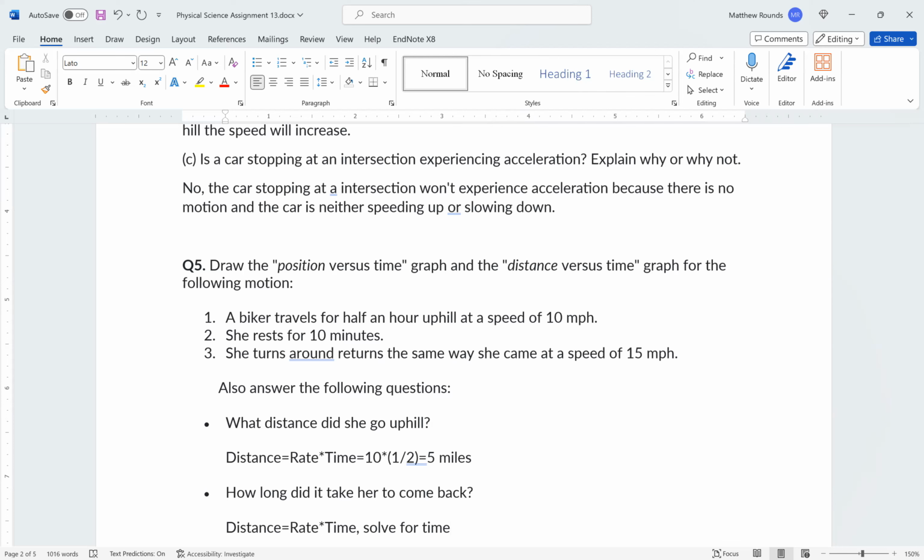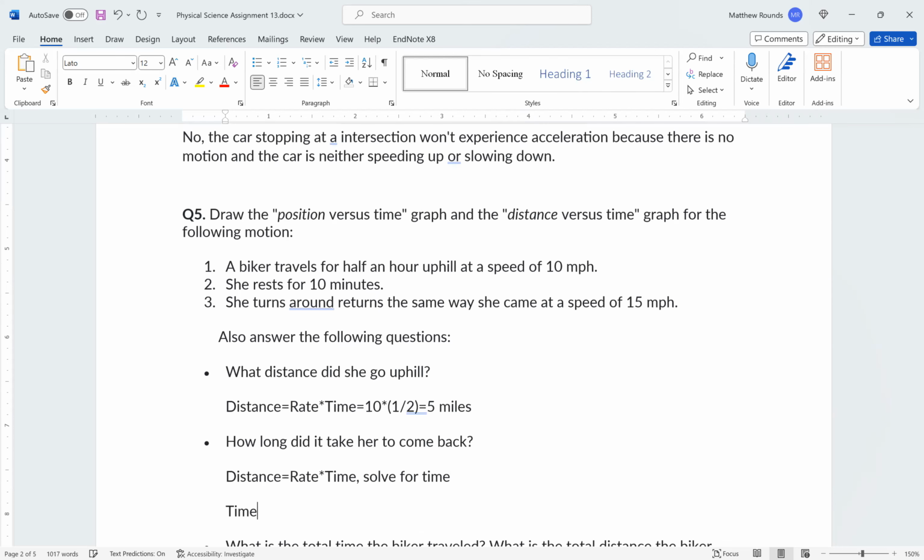For time. So time is equal to distance divided by rate. So on the way back, how much distance did she cover on the way back? It's not a trick question.